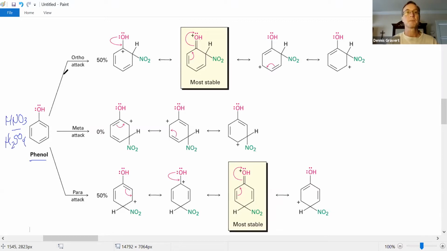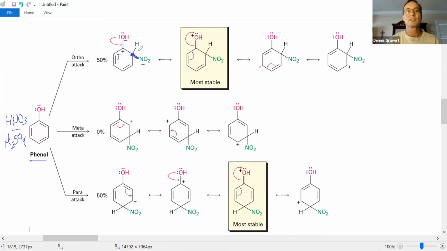Okay, let's go to the top. If the nitro group goes ortho, so the nitro group is ortho to the phenol, side-by-side carbons of the benzene ring, you're going to end up with 4, not 3, resonance structures. This is the carbon that had a pi bond, but the pi bond connected nitro to that carbon, generating a plus charge here.